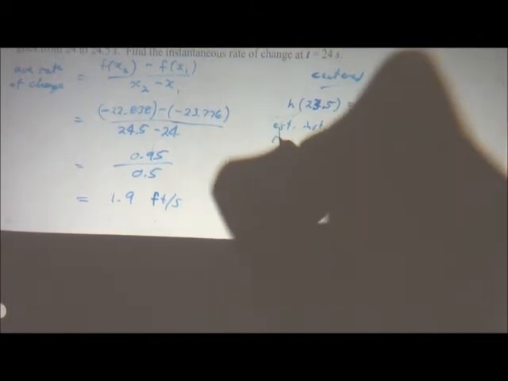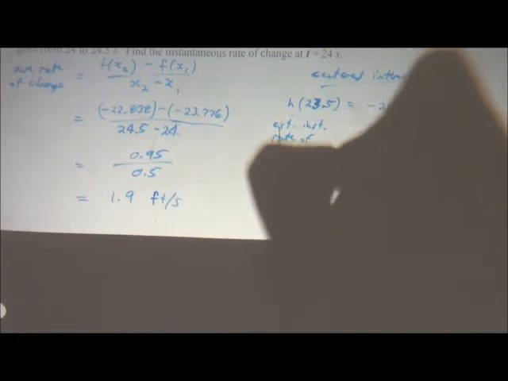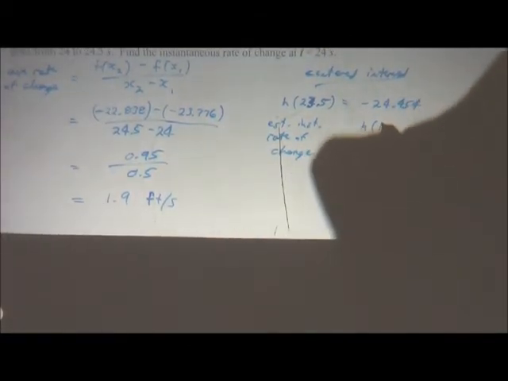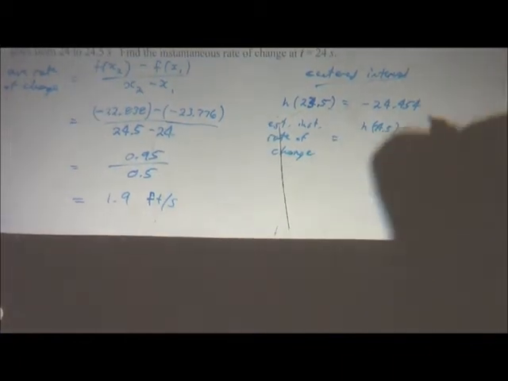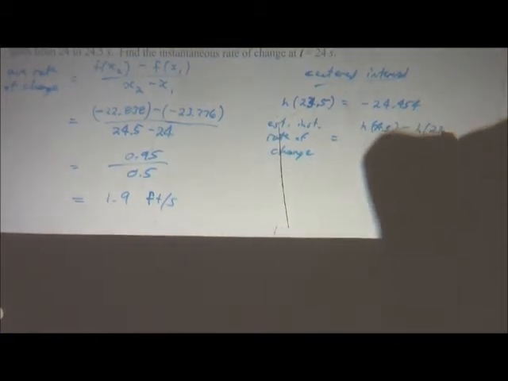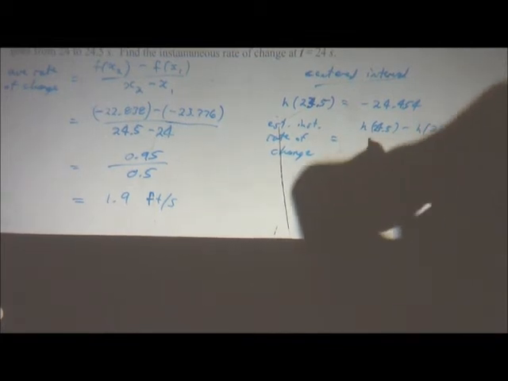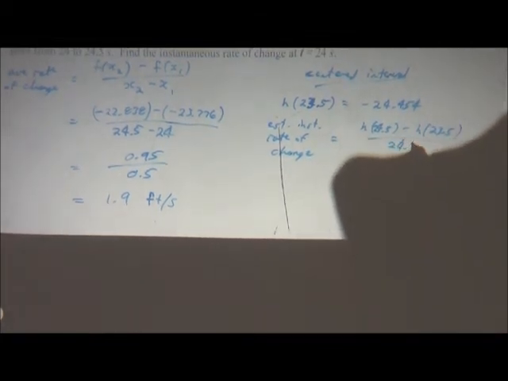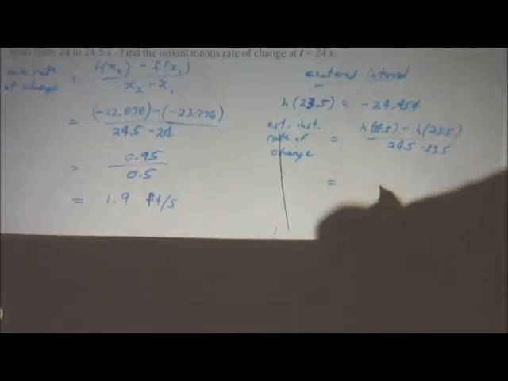So then if we do the centered interval, the estimate of the instantaneous rate of change, we're going to go h of 24.5 minus h of 23.5 all over 24.5 minus 23.5. So that works out nicely, which is divided by 1.